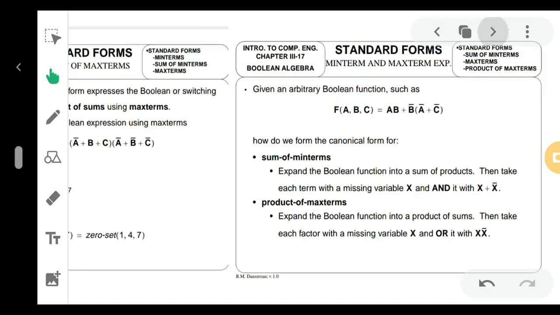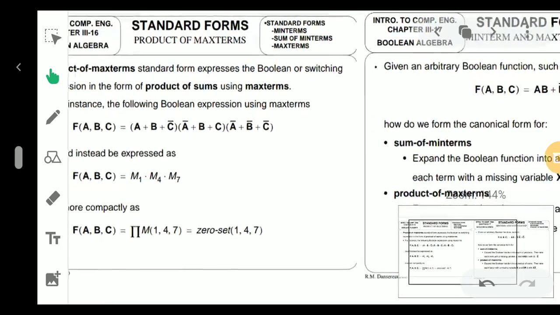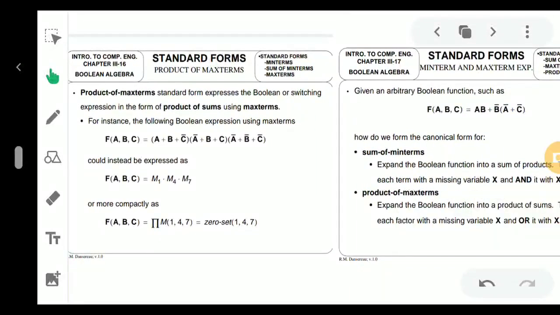Now we are moving on to how to represent the product of max terms. One expression has been given to you here: A plus B plus C bar, into A bar plus B plus C, into A bar plus B bar plus C bar. Now you check with your max term table. This expression is similar to which max terms? The first is similar to M1, the second is similar to M4, and the last one is similar to M7.